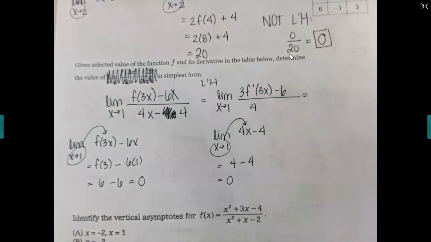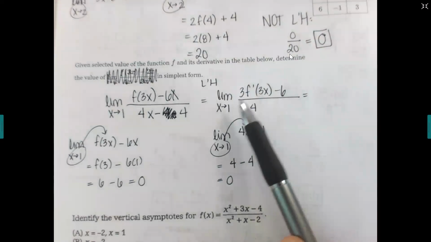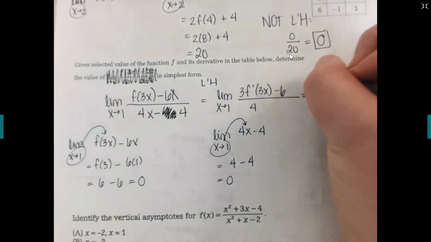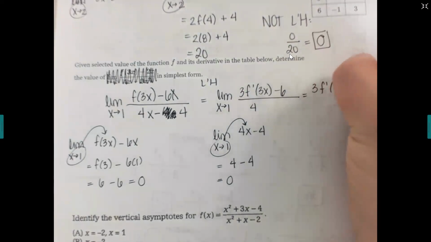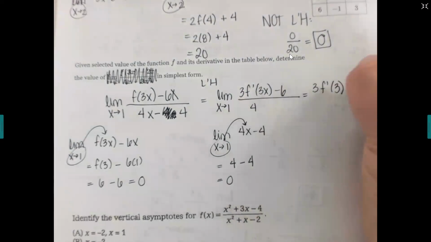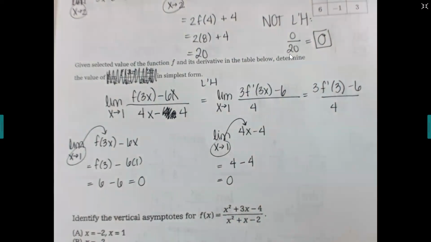Okay. So we're plugging in a 1 on top. I'm going to have 3 times f prime of what? F prime of 3, because I'm plugging in a 1 to the 3x minus 6 over 4. And then what is f prime of 3? Negative 4.